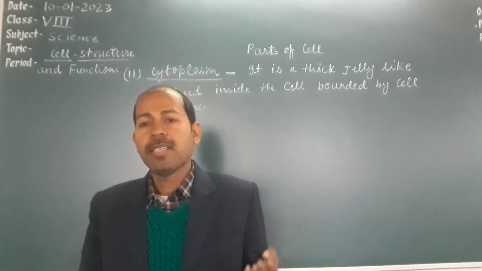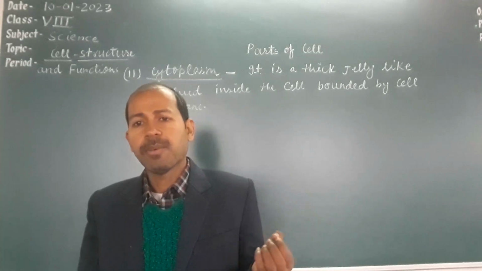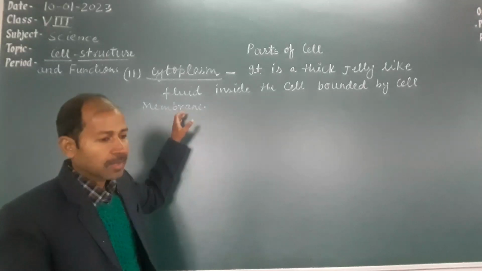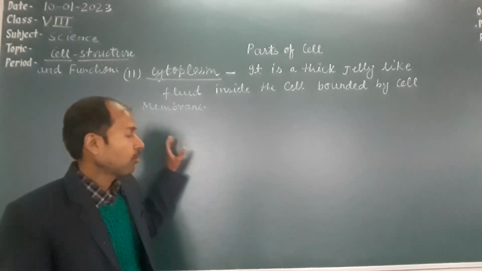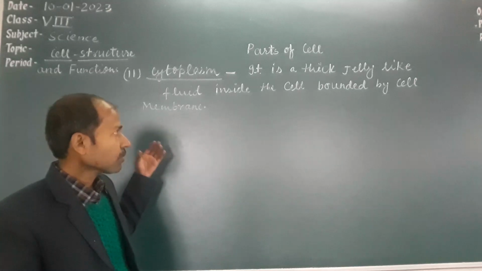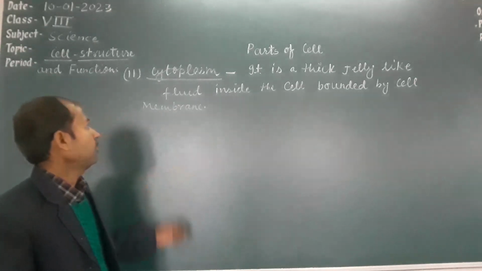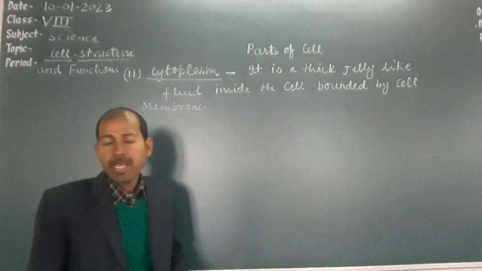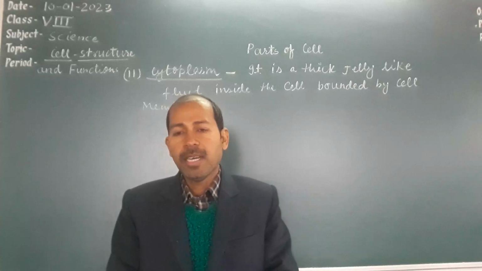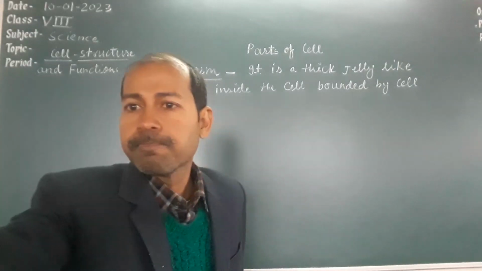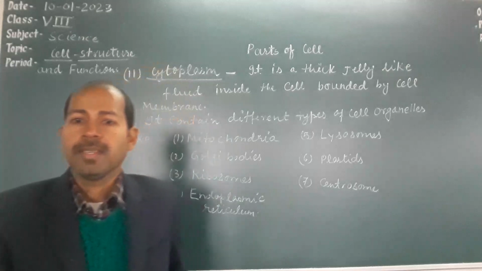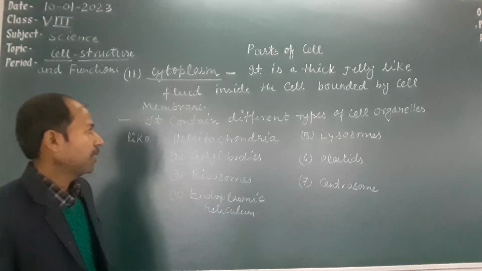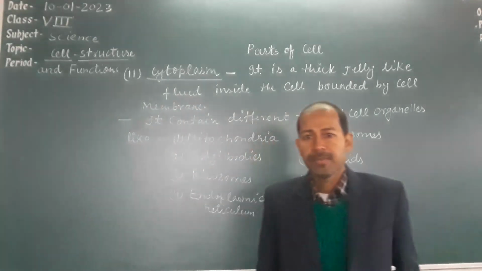So different types of cell organelles are found inside a cell, completely embedded in the cytoplasm. Cytoplasm contains different types of cell organelles.